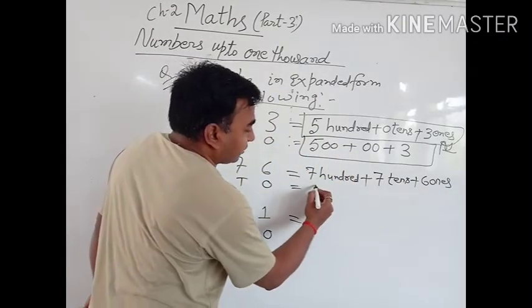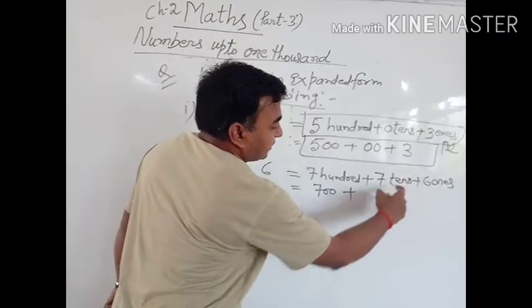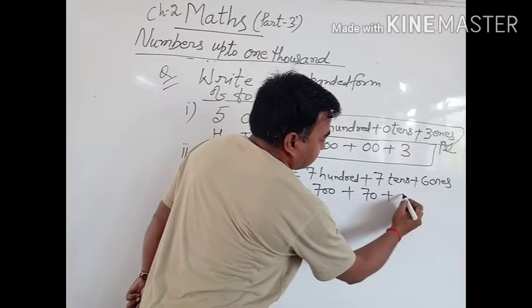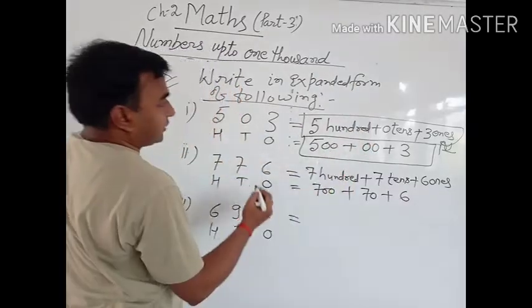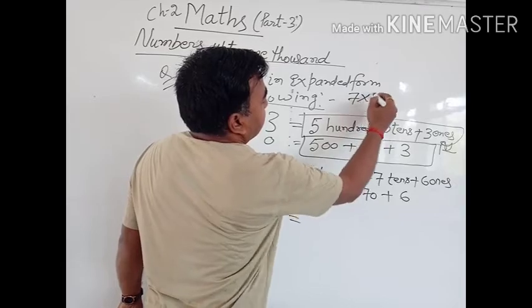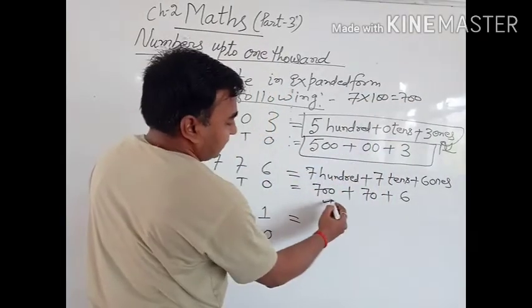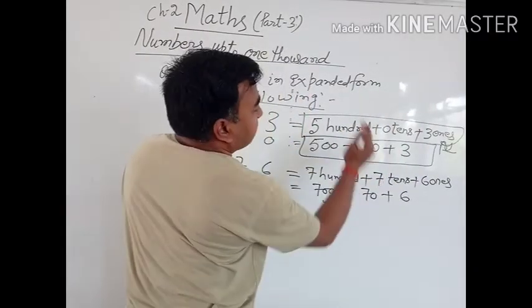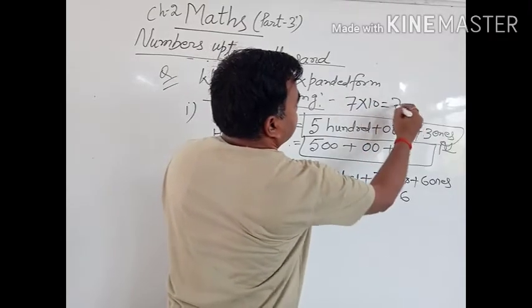700, how can we write 700 in number? 700 means 7 multiplied by 100. 7 tens means the given number multiplied by 10. 7 tens are 70.